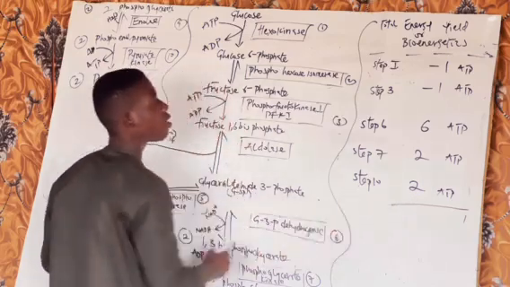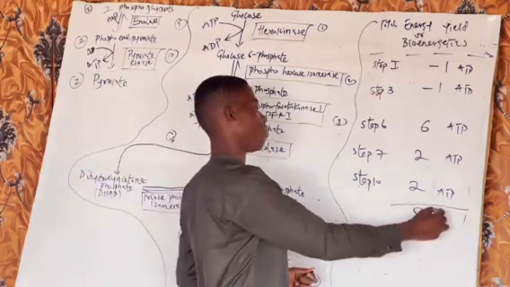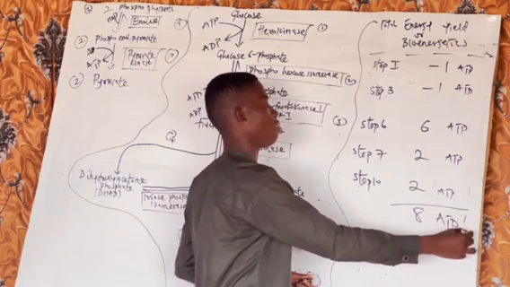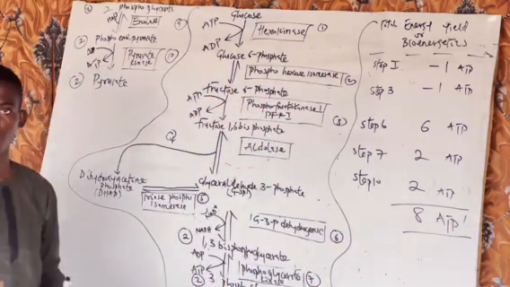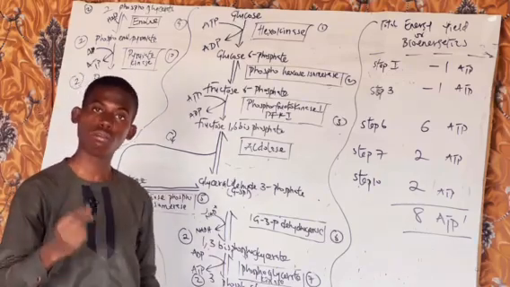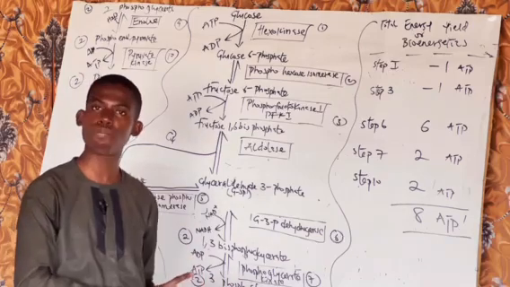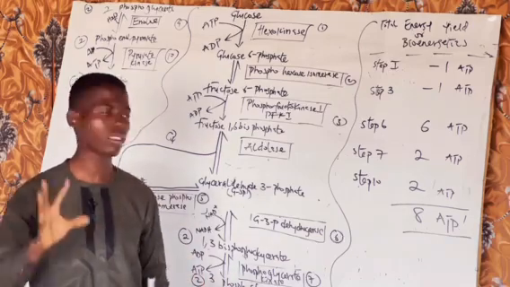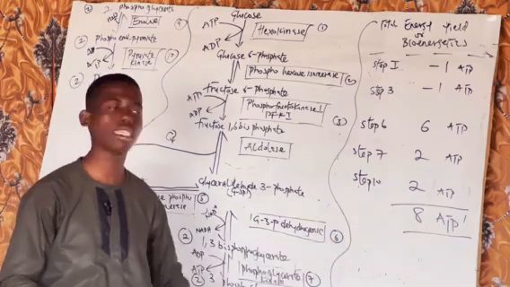In total, we have -2 plus 6 plus 2 plus 2. Calculate it very well, 8 ATP. So 8 ATP is produced from this pathway. So the conversion of glucose to 2 molecules of pyruvate in the glycolytic pathway produces 8 energy in the form of ATP.